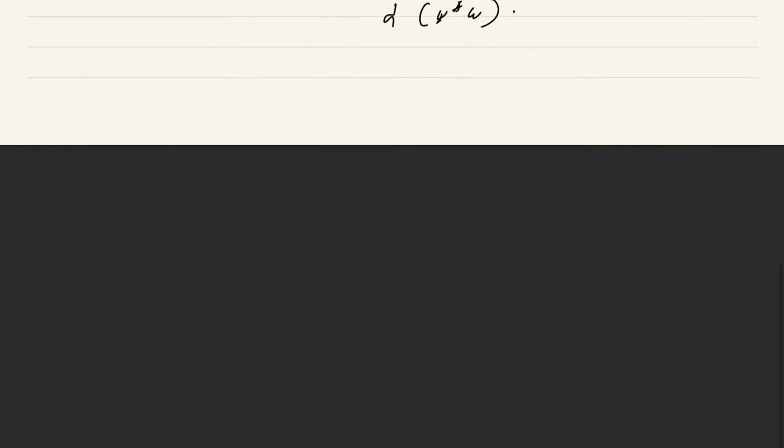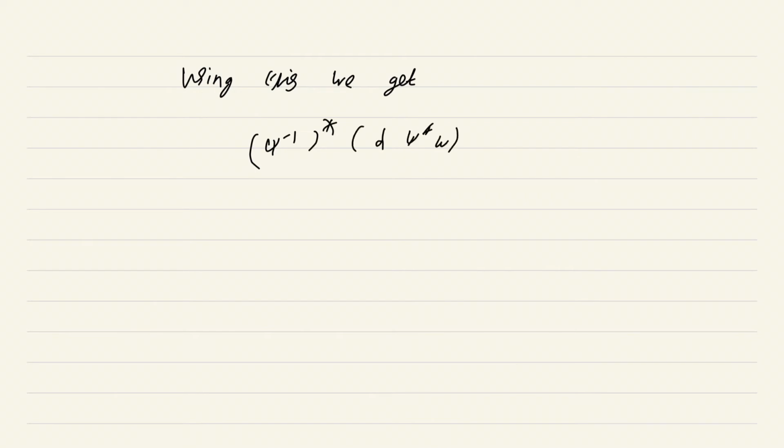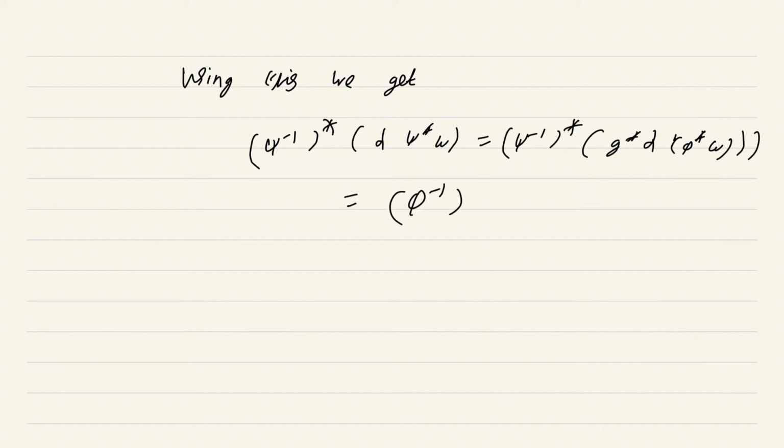Using this, we get that psi inverse star of d psi star omega is psi inverse star G star d phi star omega, which is just phi inverse star d phi star omega.